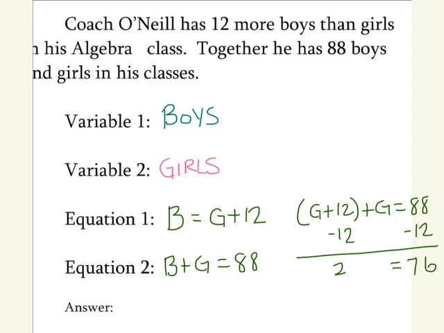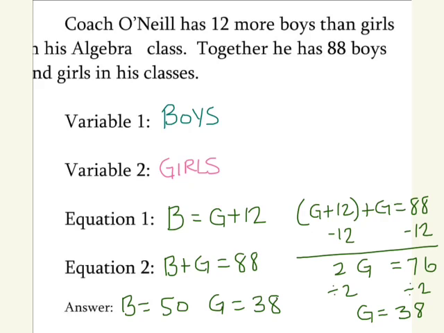The girls, there's two sets of girls. I divide by 2. So girls equals 38. If the girls equal 38, I add 12 to 38 to get the boys. So the boys are 50. The girls are 38. There's my solution.